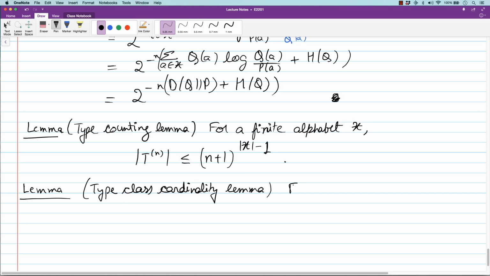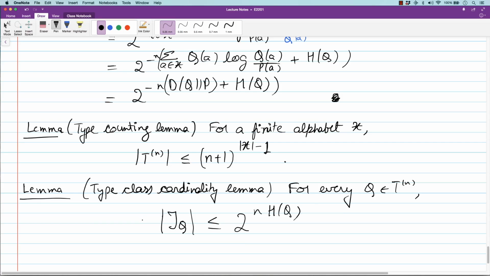So it says for every type Q, if Q is one of these types, the number of sequences of type Q is at most 2 to the power nH(Q), and is at least 2 to the power nH(Q) divided by a polynomial.